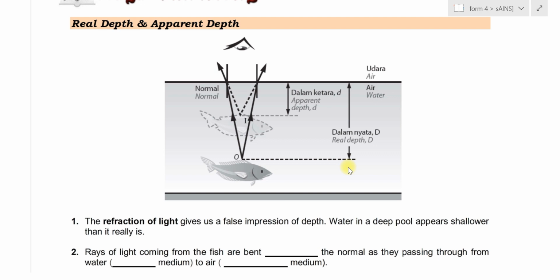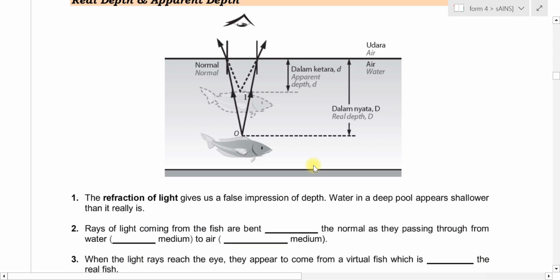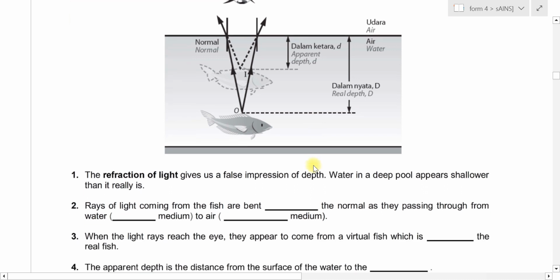Okay, how does this happen? Rays of the light coming from the fish are bent away. Okay, why bent away? Because denser to less denser. Away lah. Because it is faster, so away.